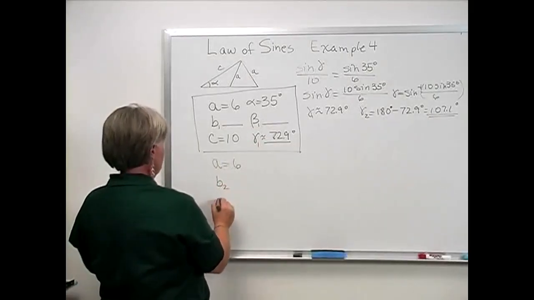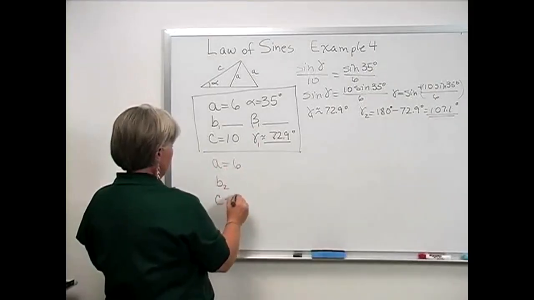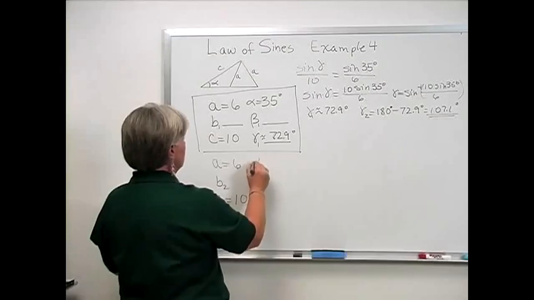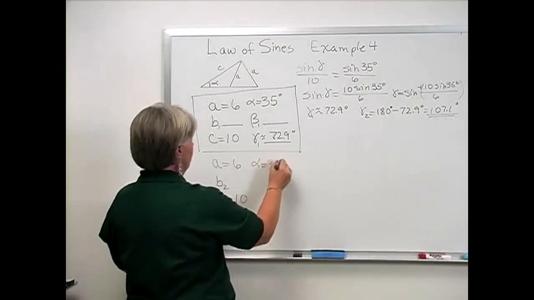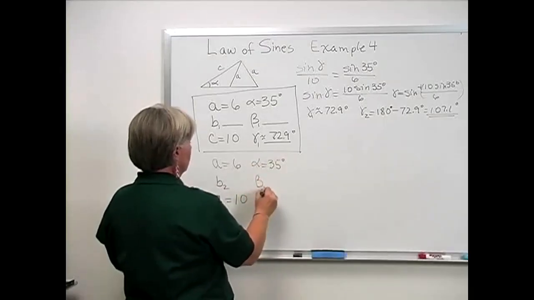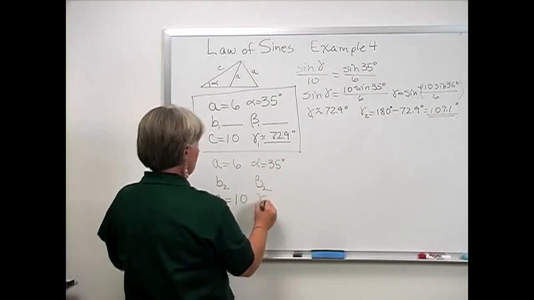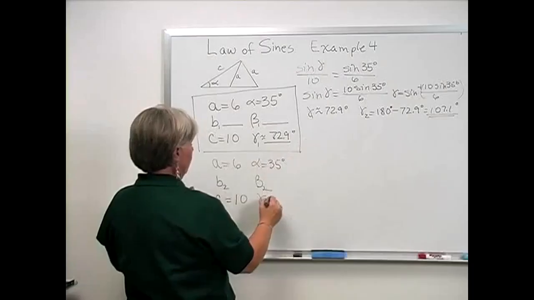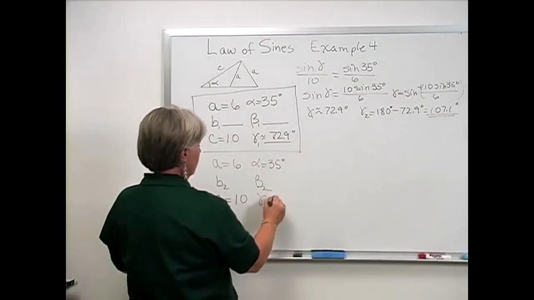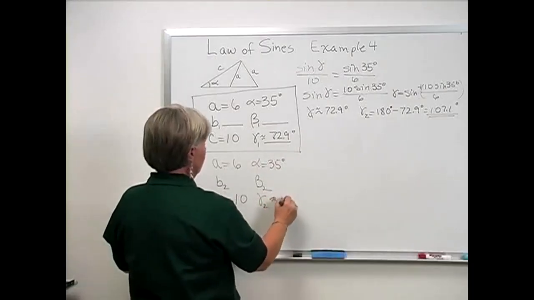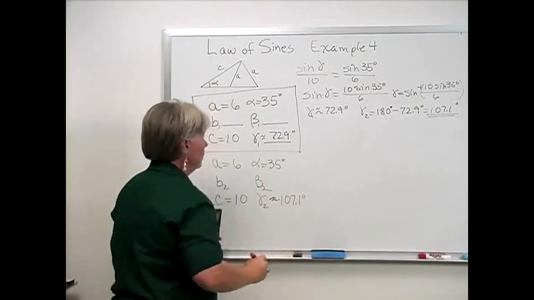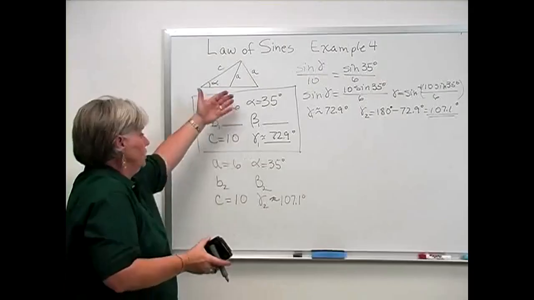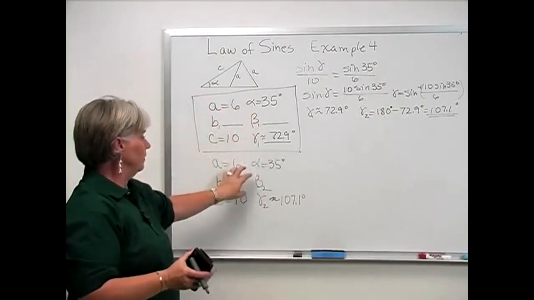So this will be B2. A and C have the same value, so that doesn't change. Alpha is 35 degrees. This will be beta 2. And this will be gamma 2, which we've already found. So that's going to be approximately equal to 107.1 degrees.